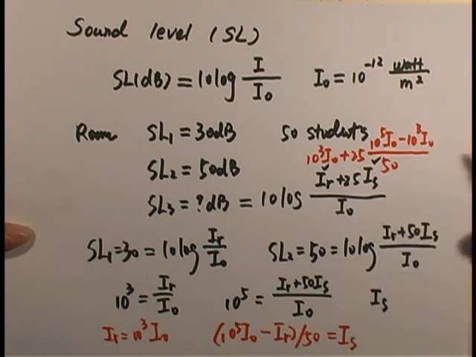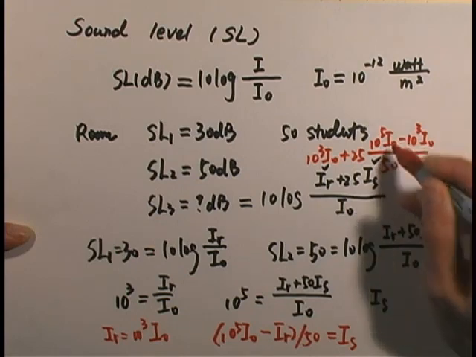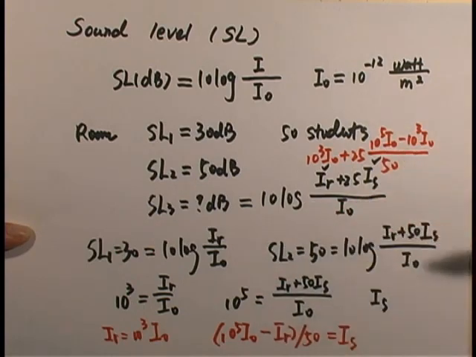So everything is with respect to I naught, and then I naught cancels, and it's very easy to get the answer for 25 students within a room.